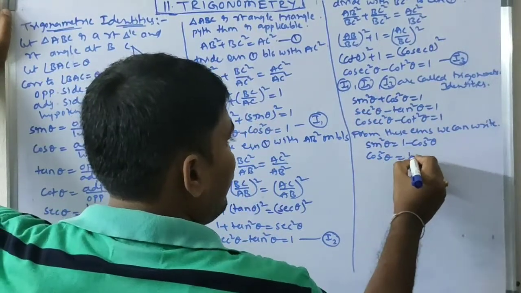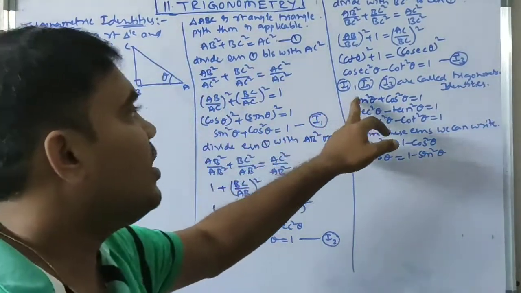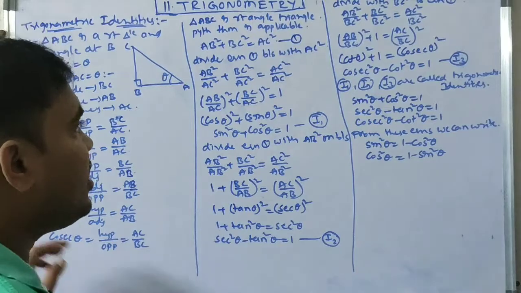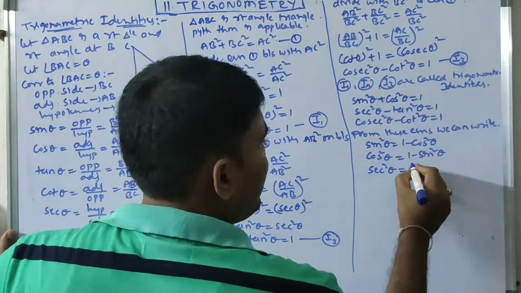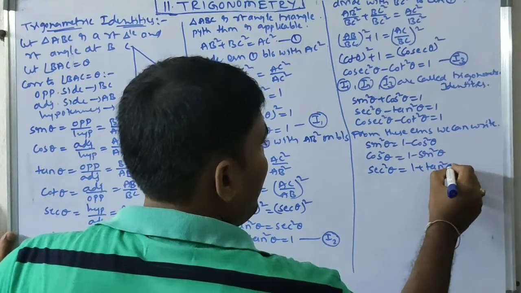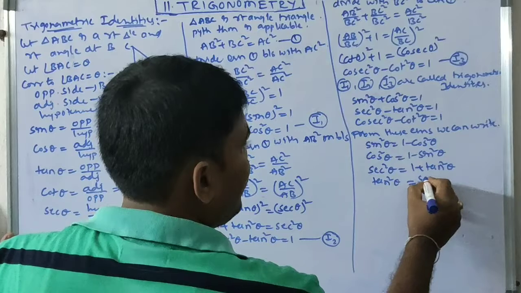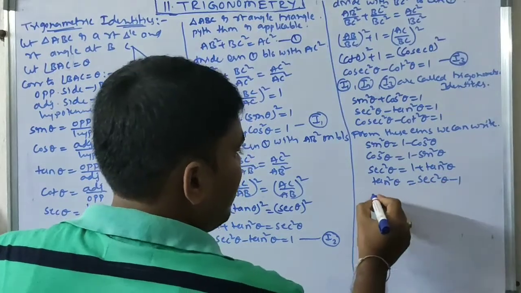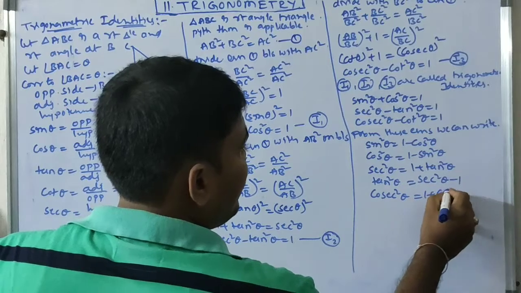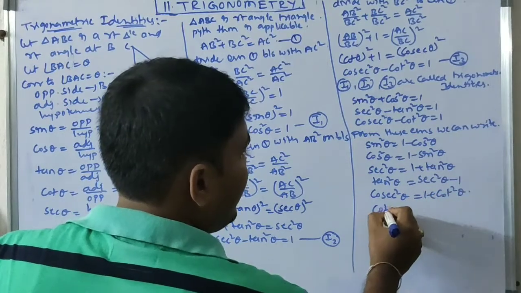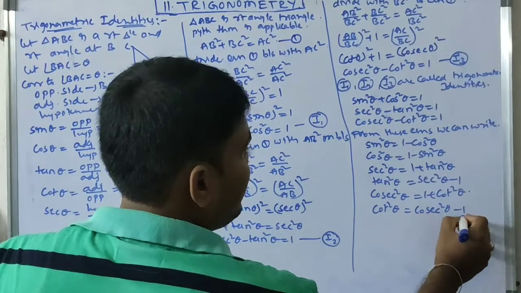Cos square theta equal to 1 minus sin square theta. Sec square theta equal to 1 plus tan square theta. Tan square theta equal to sec square theta minus 1. Next, cosec square theta equal to 1 plus cot square theta, cot square theta equal to cosec square theta minus 1.